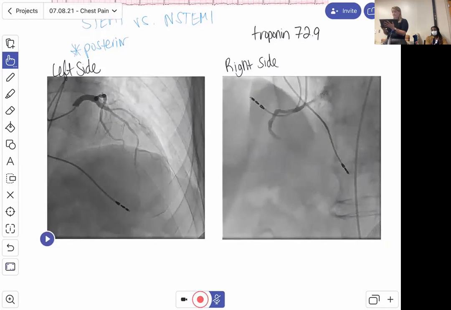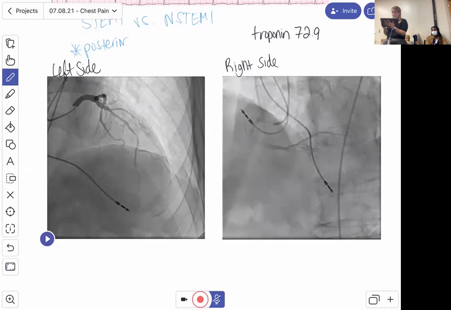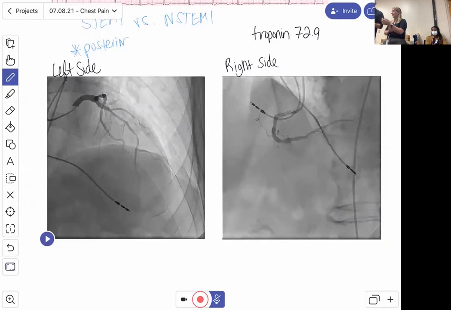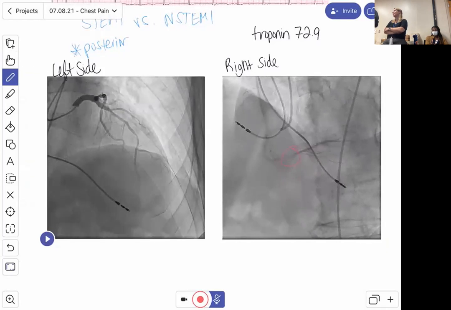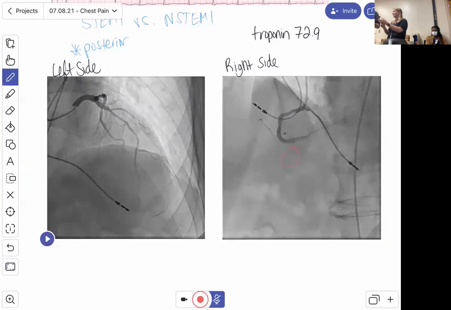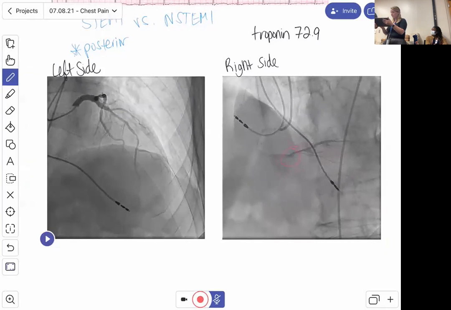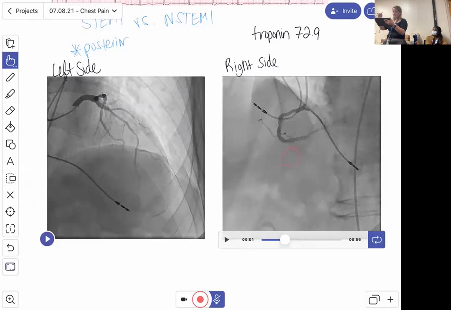If you look at the right, this is really hard to see, but the PDA is completely missing. Right there, you can see a wisp of something. It's stumped off. So the PDA comes off for about 1 to 2 millimeters and is then thrombotically occluded. You can keep playing that.